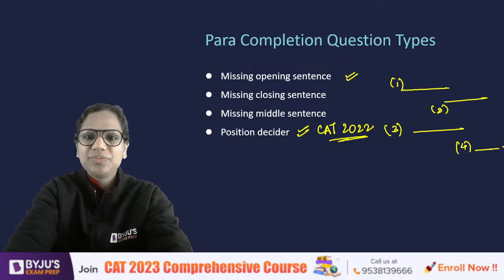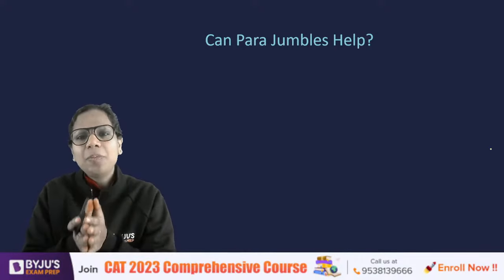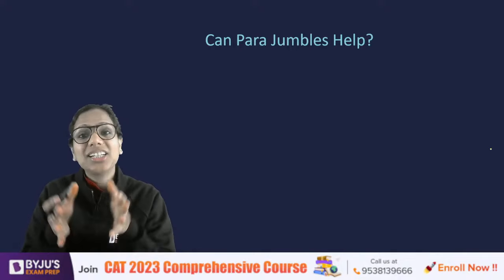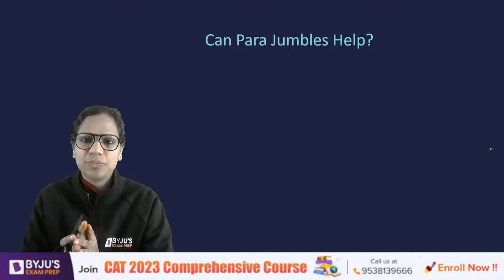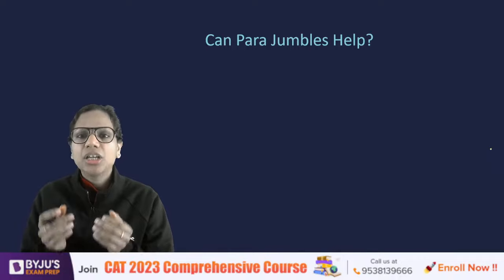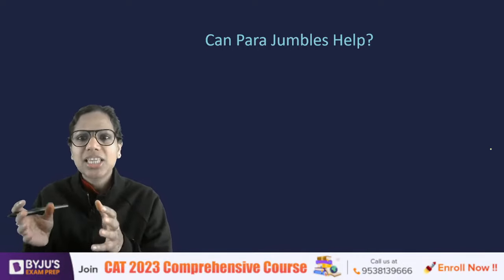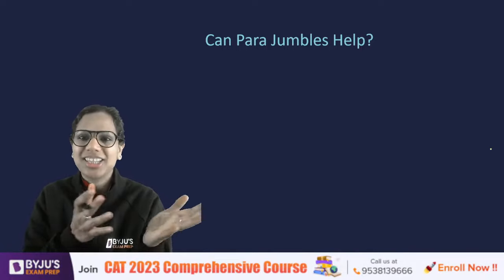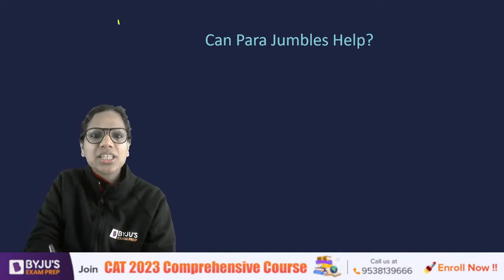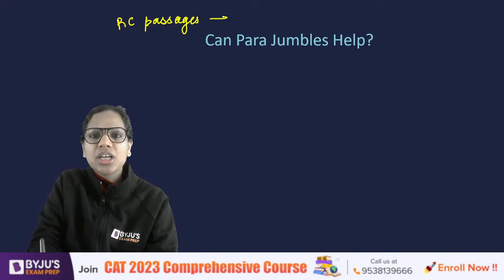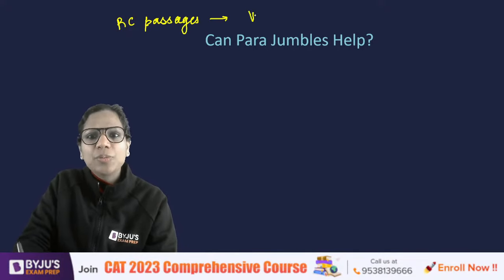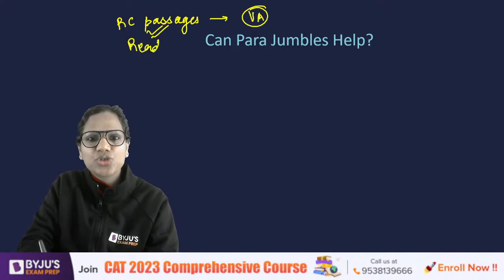Now, let's see, can para jumbles help us in attempting para completion questions? If you ask me, your CAT VARC section, everything in the section is related to the other thing. So for instance, if you are preparing for RC passages, you are automatically preparing for the VA part as well, because you are reading diverse genres.